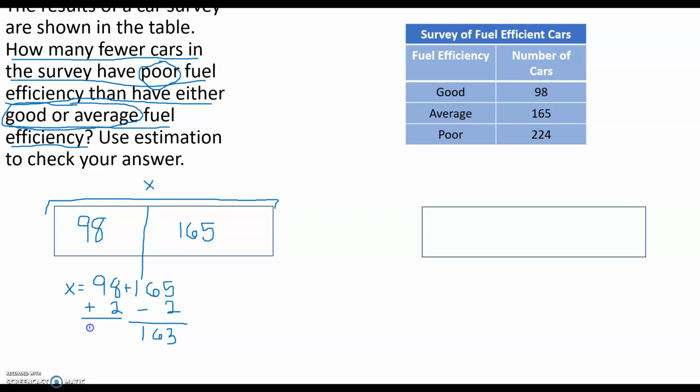So I made 100. And this is just easier to solve mentally. If you're into solving problems in your head, I can now add 100 plus 100 and then give that 63 back. So my total is 263. So x is 263.